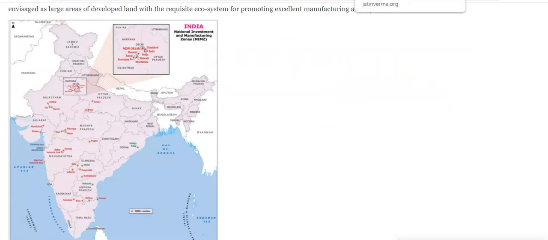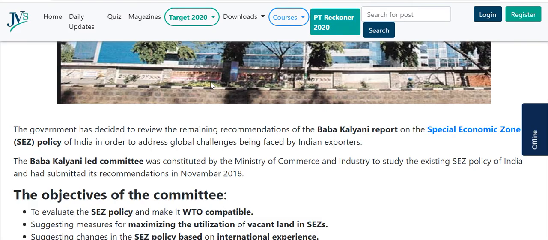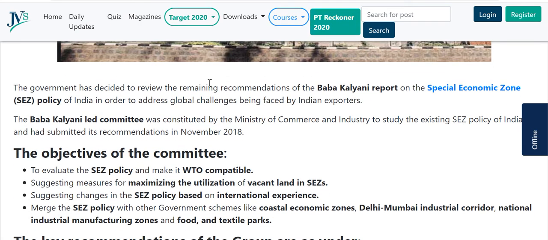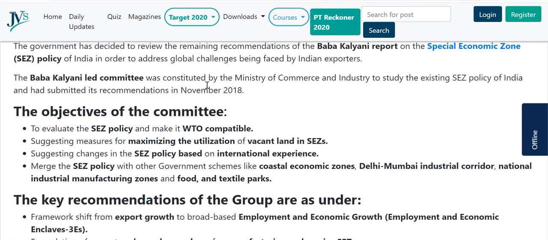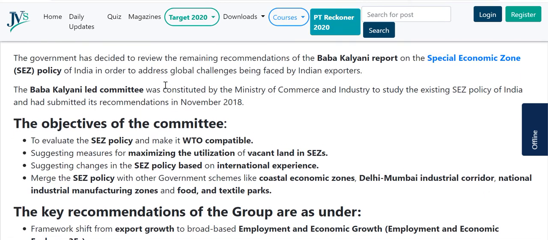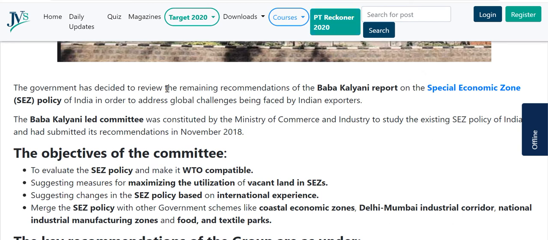Now recently there was a committee, the Baba Kalyani committee, which gave its report on SEZ. The Baba Kalyani committee was formed in 2018 under the Ministry of Commerce, to look after the working of the SEZs in India and see if they are compatible with the law.